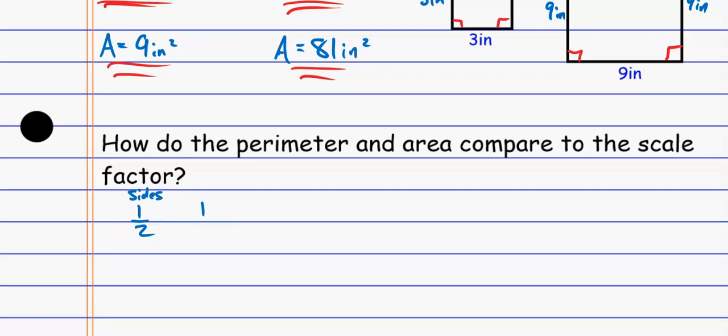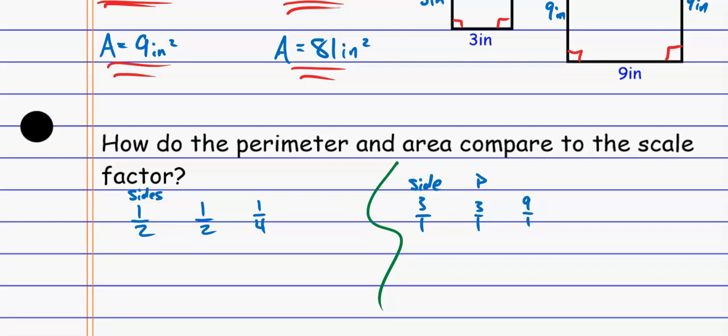But then the ratio for the perimeter was also 1/2, but the ratio for the area was 1/4. In the next example, the scale factor, in other words, the ratio for the sides, was 3/1. For the perimeter, it was the same thing, 3/1, but for the area, it was 9/1.